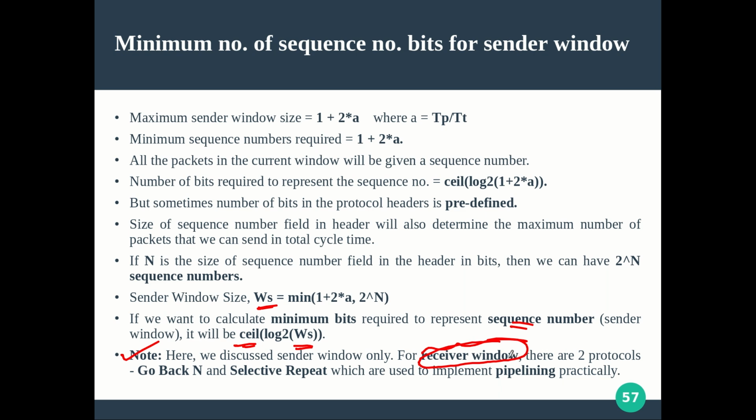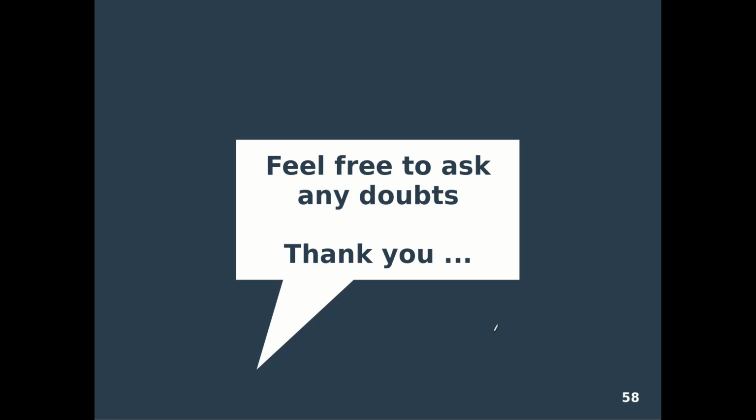There we have two practical protocols, which are variations of the sliding window: the go back N sliding window protocol and the selective repeat sliding window protocol, used to implement pipelining practically. In that case we will consider the receiver window also, and accordingly the sequence number concept will change slightly. We will see that when we discuss it, particularly when there is an error situation. Otherwise it will work fine. Thank you.